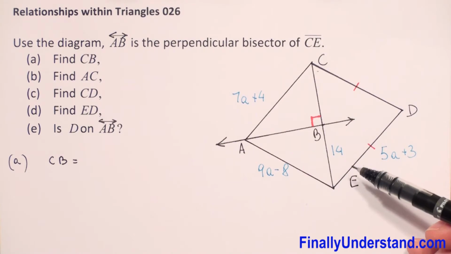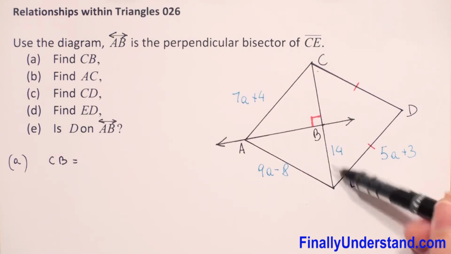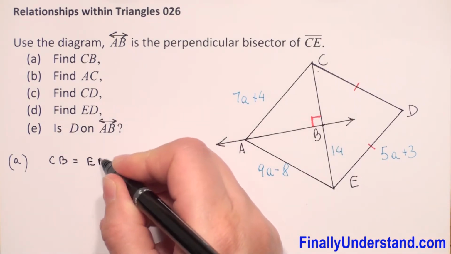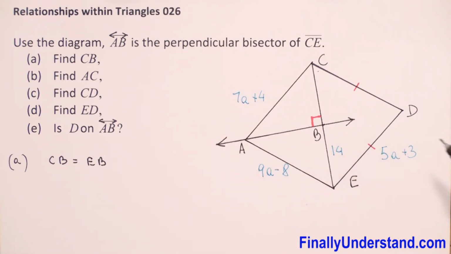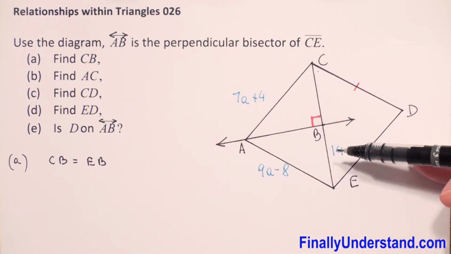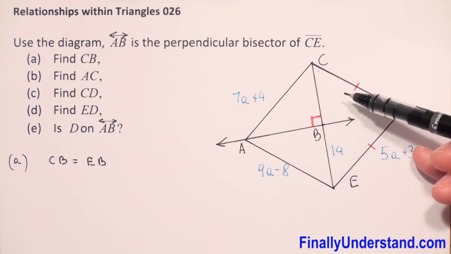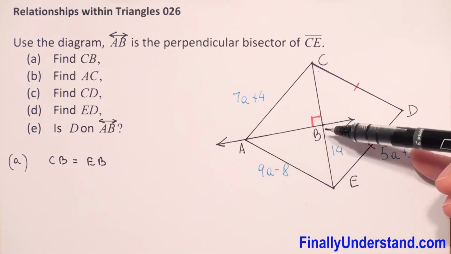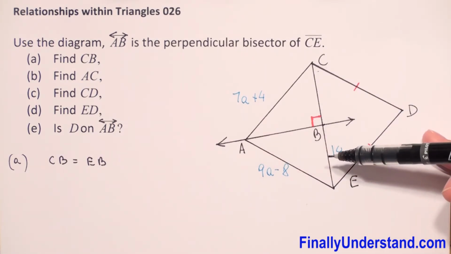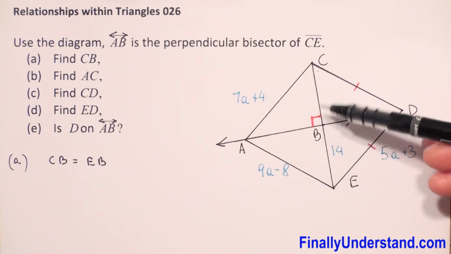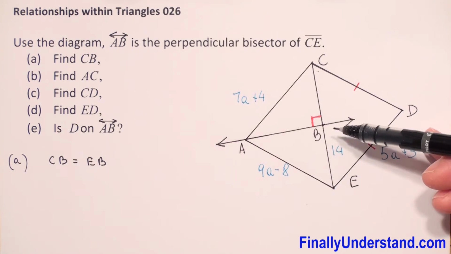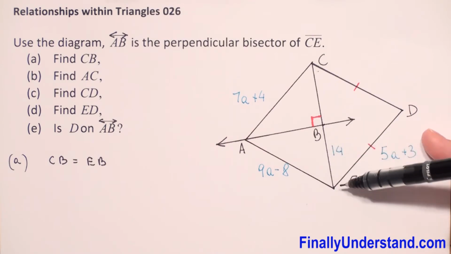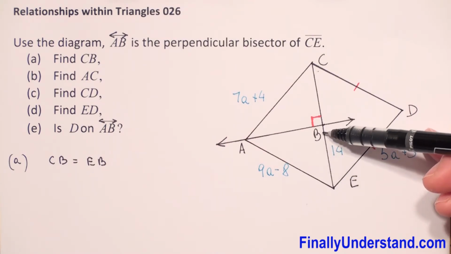So first question, we have to find CB. CB is equal, like I said, to EB. Why? Because AB is the perpendicular bisector of CE, and we know that if AB is perpendicular bisector of CE, then B is the midpoint of segment CE. It means that the segment CB is congruent to segment EB.